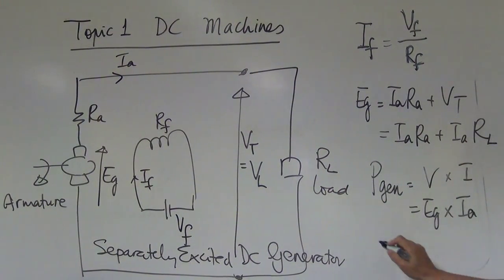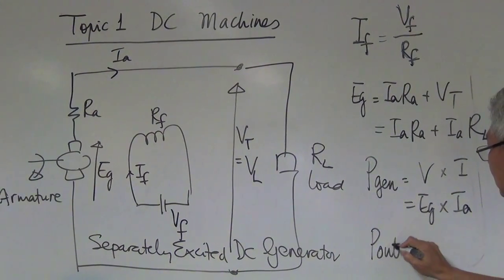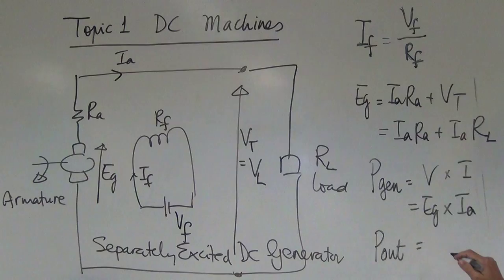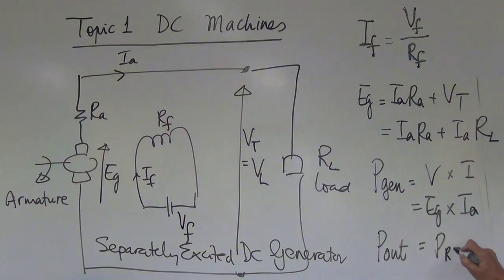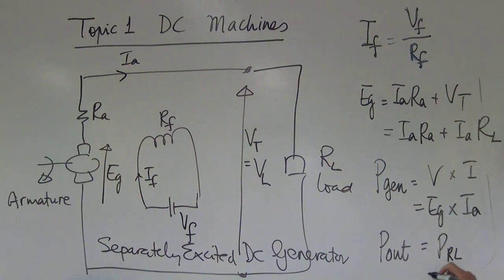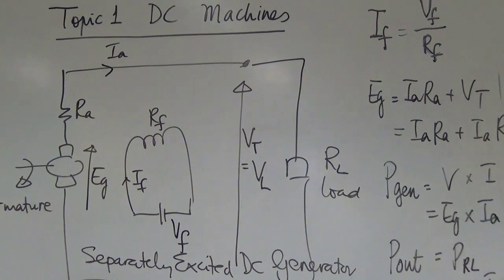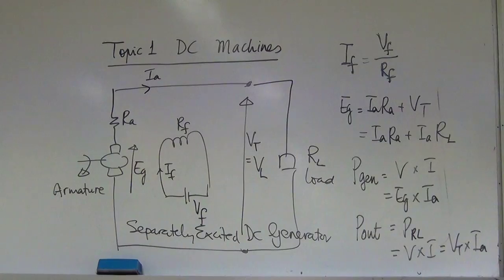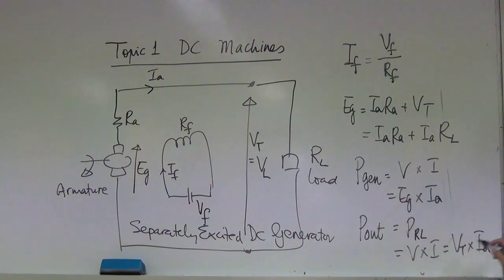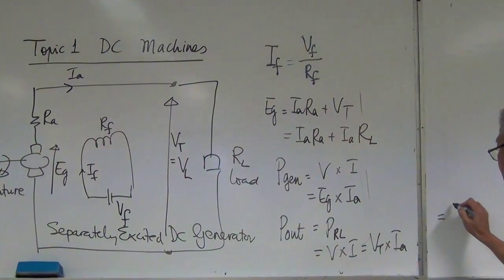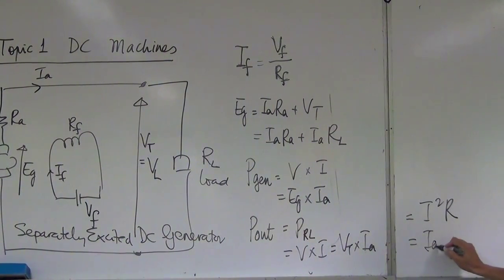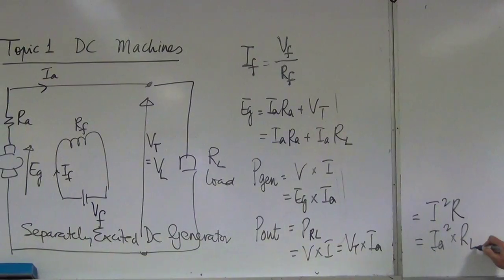How about the output power? Here's the output. Output is the load, so the output power is the power in the RL. If you use V times I, that will be terminal voltage multiplied by IA. If you use I squared R, then that will be IA squared RL.